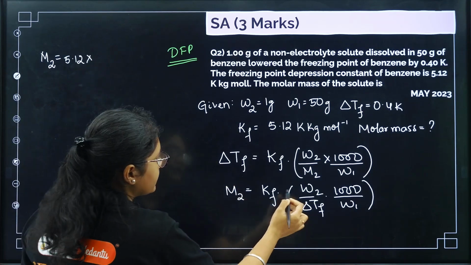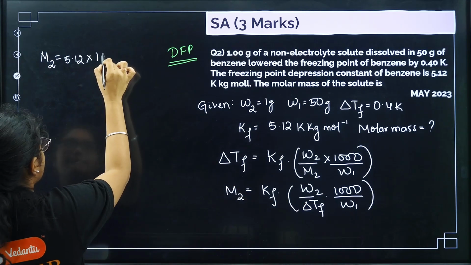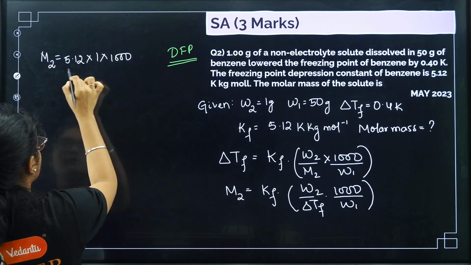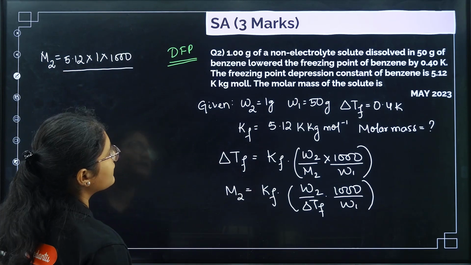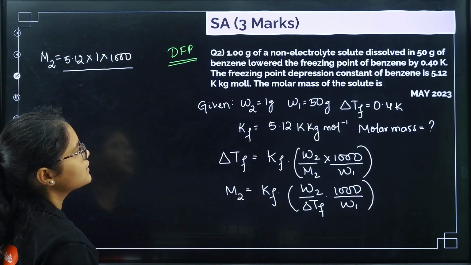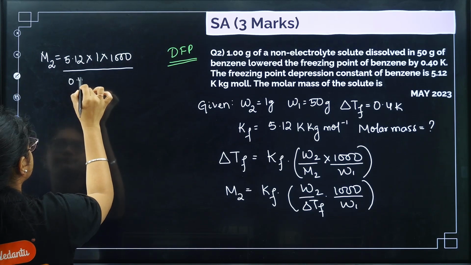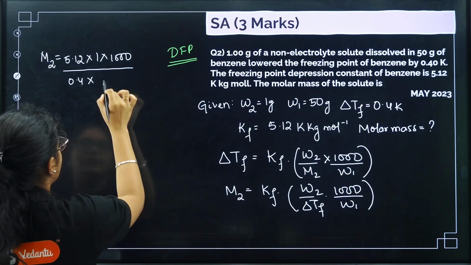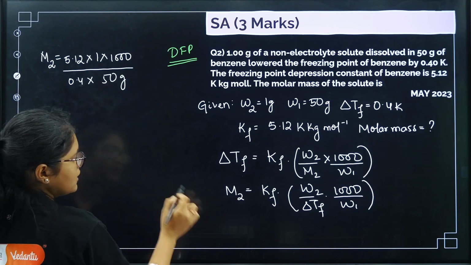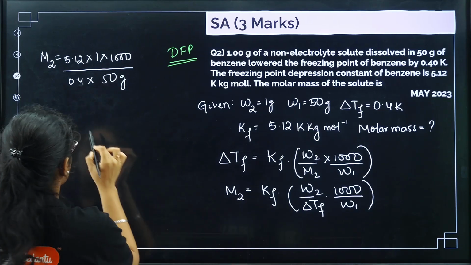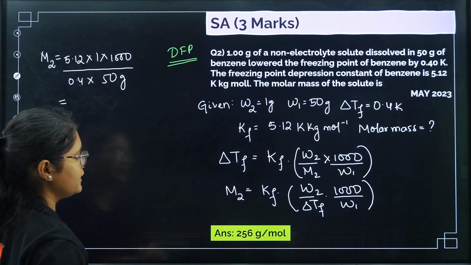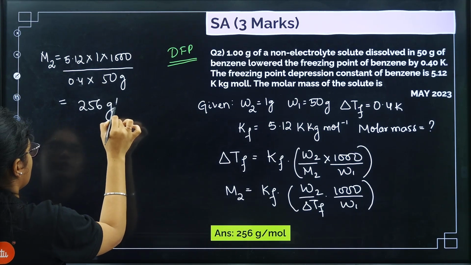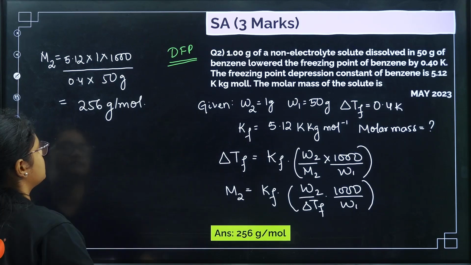Next, W2 value is again 1 gram, and then you have 1000. Next, delta TF value is 0.4. Then you have W1, which is 50 gram, right? Now if you solve this, you will be getting 256 gram per mole. The correct answer is 256 gram per mole.